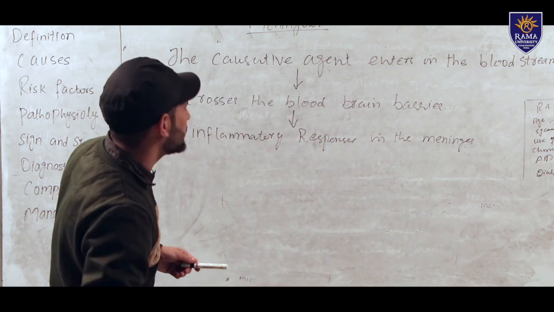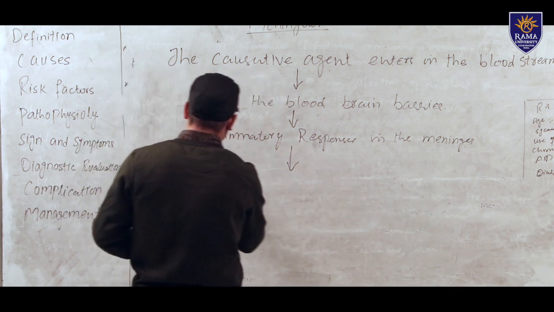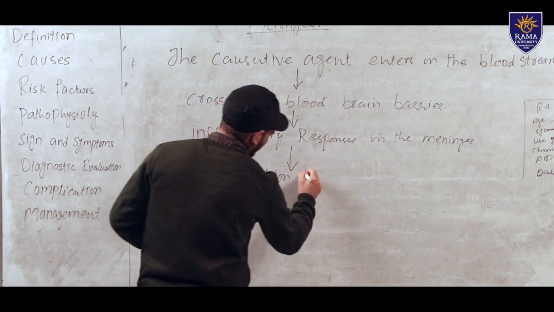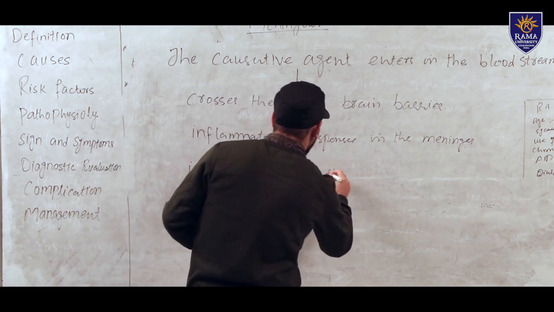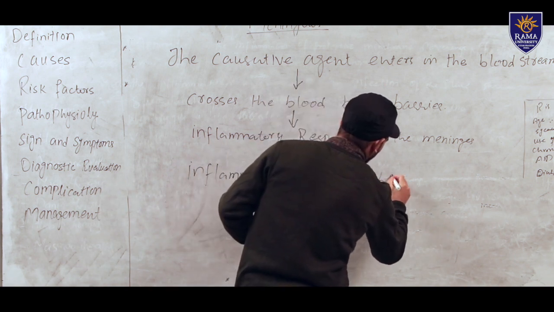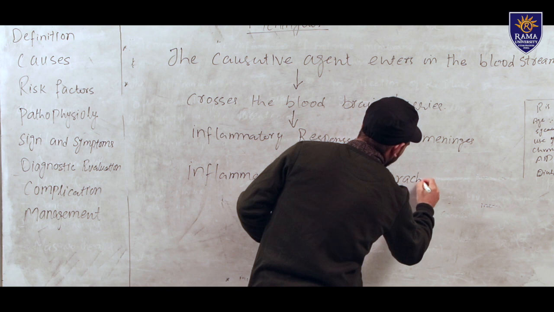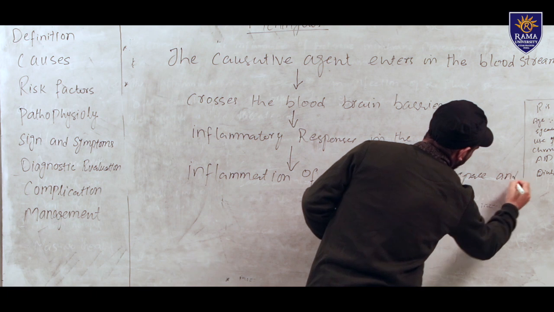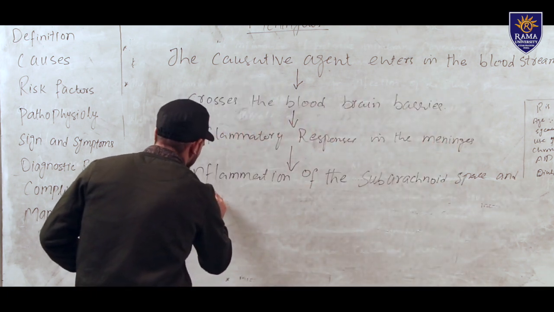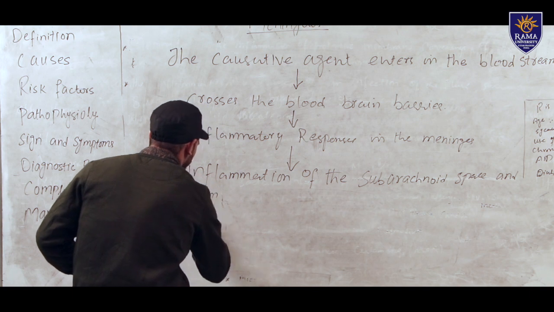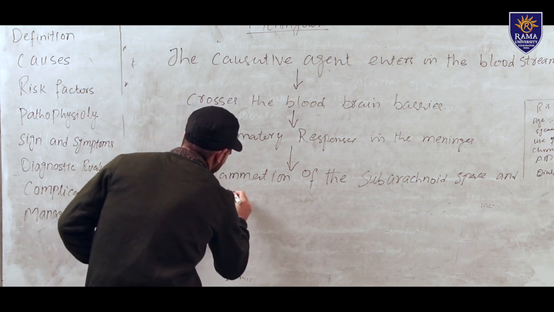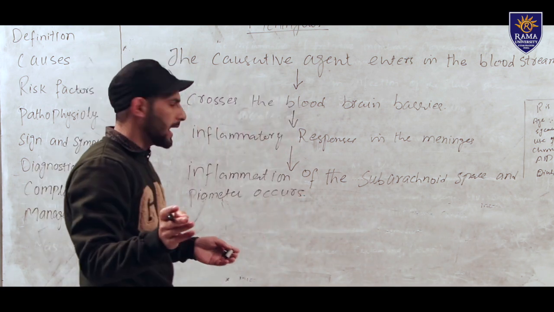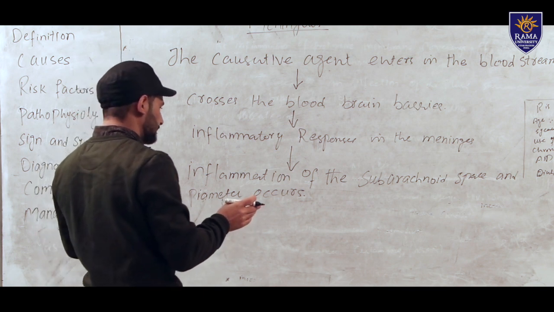When there is inflammation in the meningeal layer, inflammation of the subarachnoid space and the pia mater occurs.